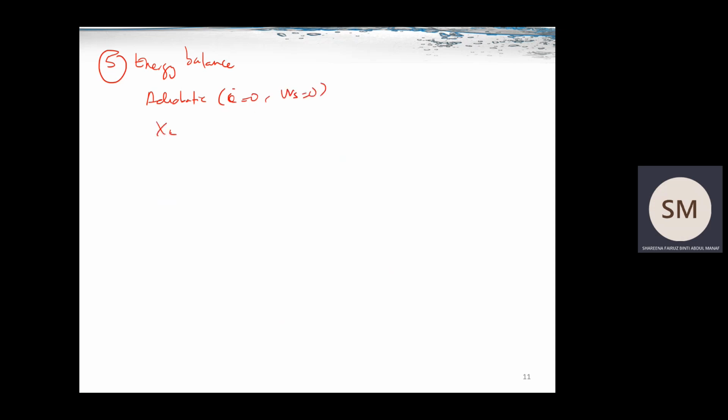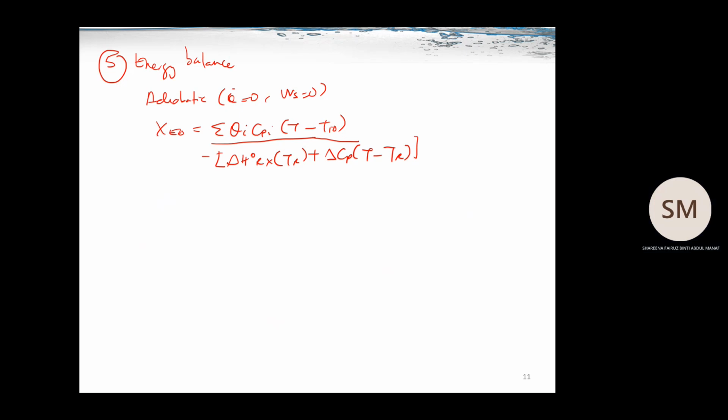Okay, so XEB is equal to sum of theta I CPI T minus TI naught, over minus delta HRX TR plus delta CP T minus TR. Okay, alright. So T I naught actually is given from the questions.